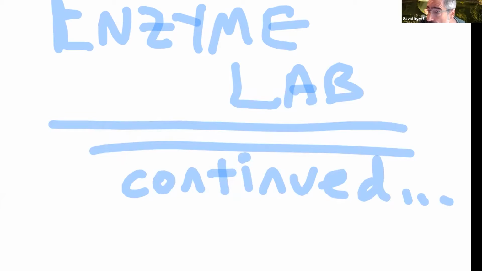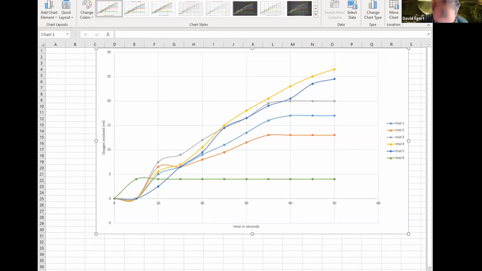In preparation for doing this, I printed out one person's data. They typed in their data, and I made a quick little graph of it so I could talk about this stuff more easily with you all.